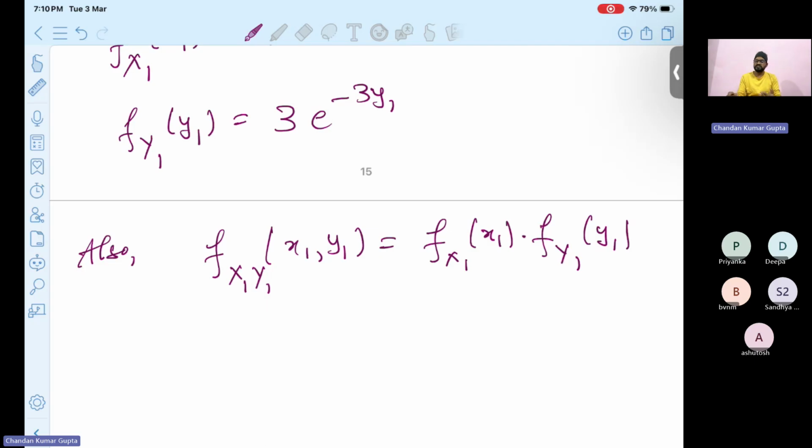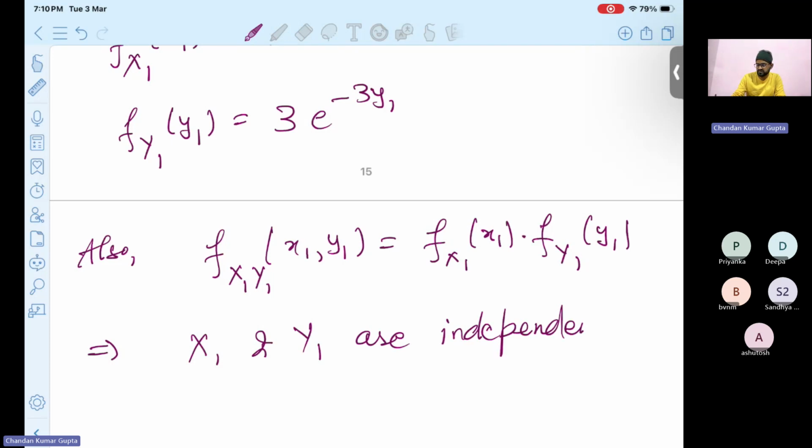This implies x1 and y1 are independent random variables.